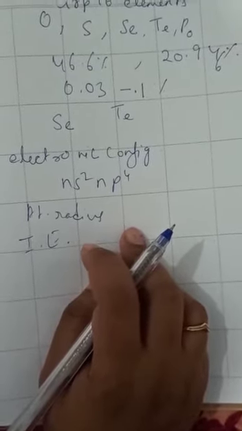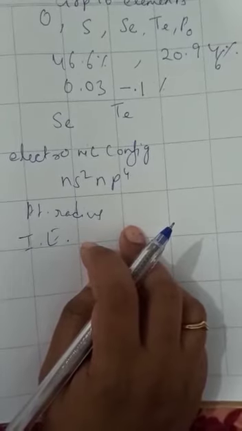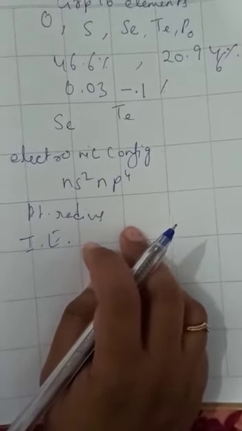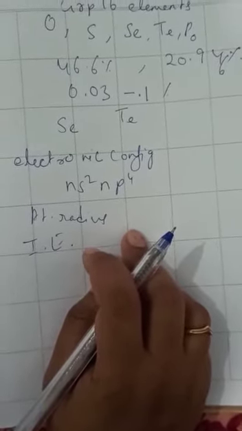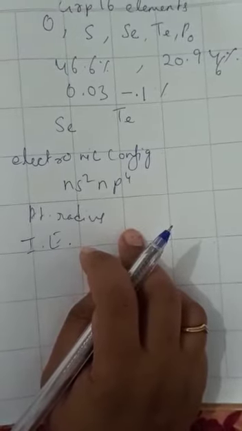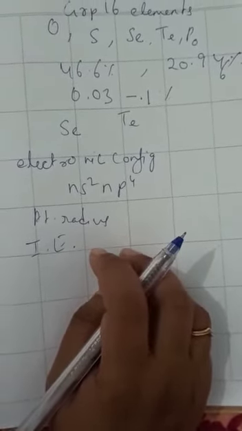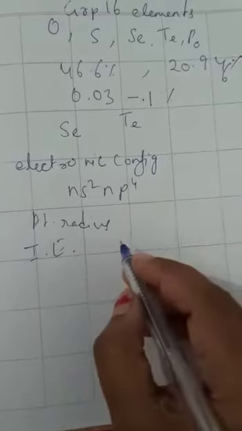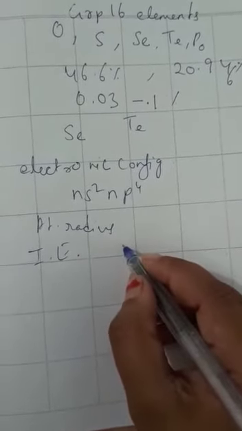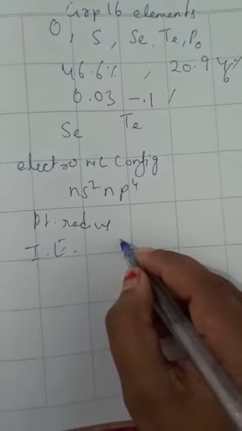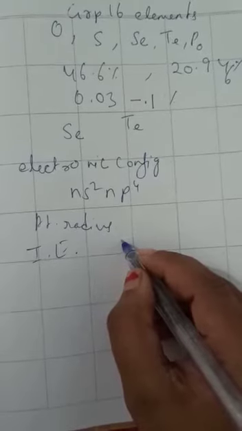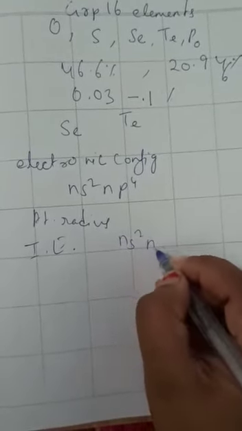This is due to the extra stability of the group 15 elements having exactly half-filled p orbitals. As you had seen in the earlier video, the common electronic configuration for group 15 is ns2np3.